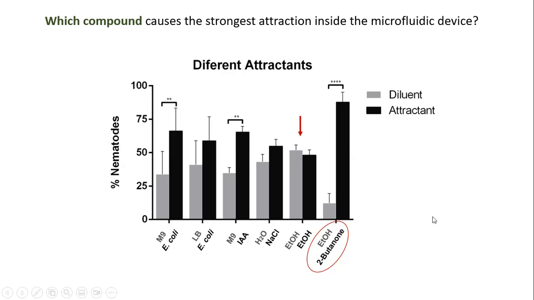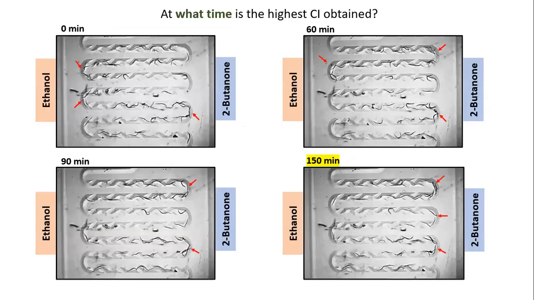At the same time, the second question was: at what point is the highest chemotaxis index obtained? For this, the nematodes were counted at different points in time for 3 hours. On the left side, you can see photos of the movement of these nematodes at different times. The red arrows show how they move to the attracting area.